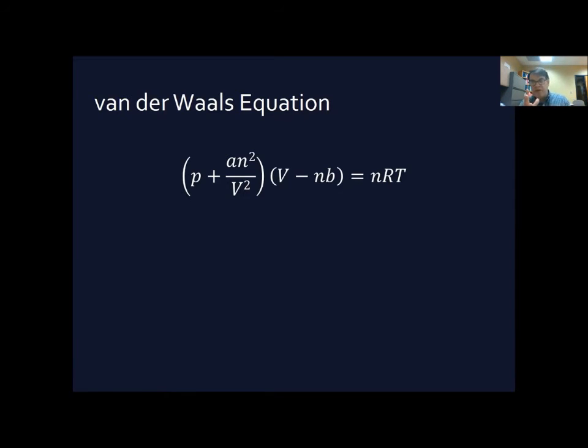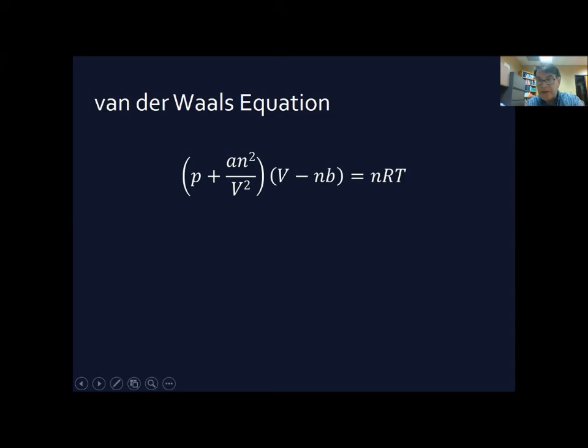It's proportional to these, and it's proportional to these, and if it's proportional to both of them, then it's proportional to the number of them squared over the volume squared. Well, whether that makes sense or not to you, that is the amount that roughly the pressure decreases. So to get back to the ideal pressure, we've got to add that number in to get to nRT. So this is the van der Waals equation.